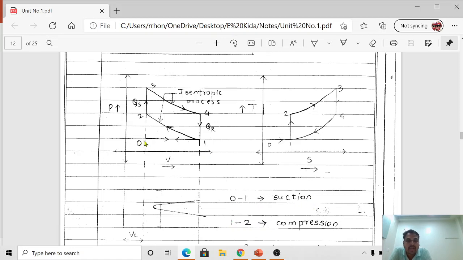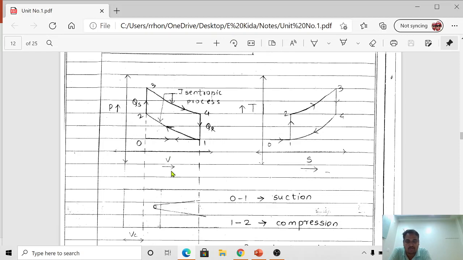And this PV diagram indicates what? During suction, the pressure during the cycle remains constant. Whose pressure? The pressure of the air and fuel mixture, because the air and fuel mixture is the basic fluid which will come inside the engine cylinder, and this remains constant, which is indicated with the help of process 0 to 1, and volume is going to increase.